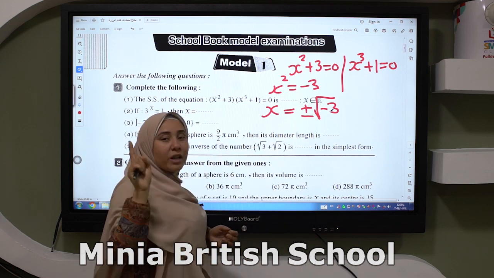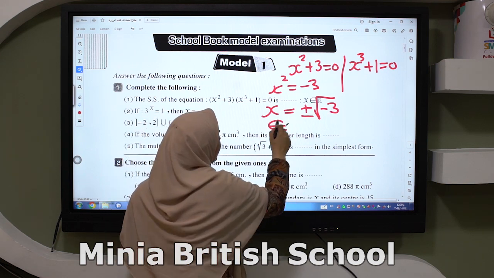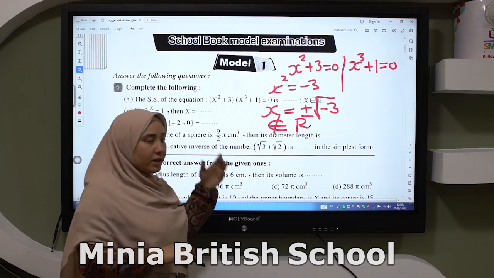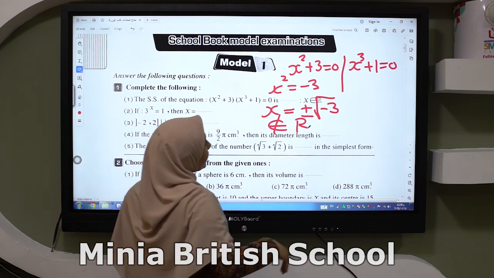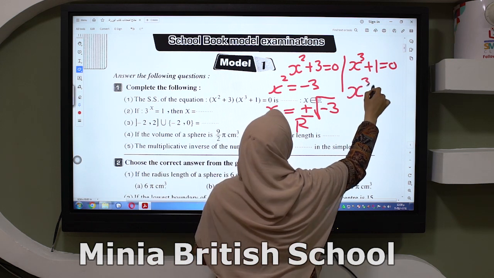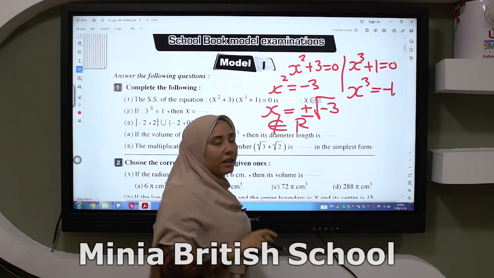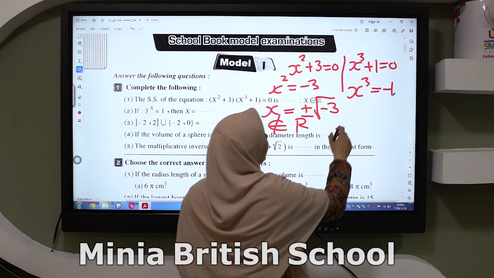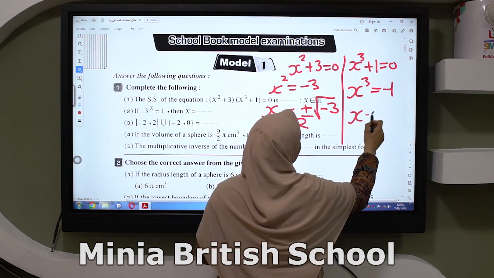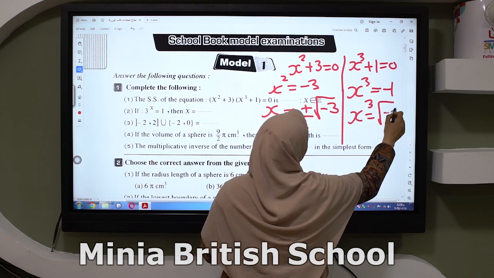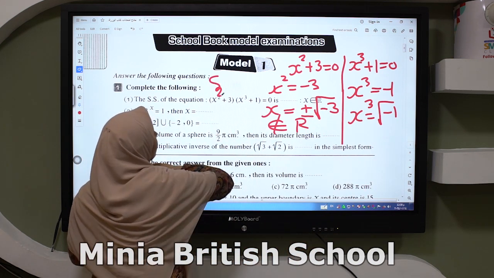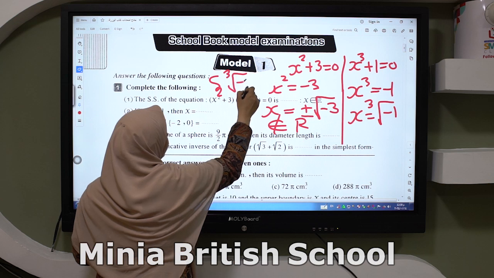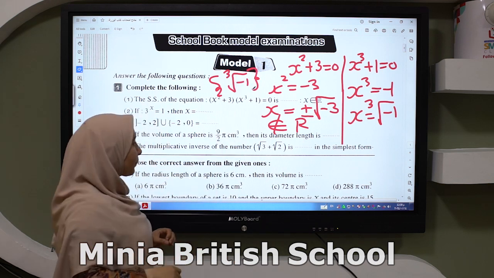But this number does not belong to the real numbers, then the solution set for this equation is empty. But the second one, x^3 equal negative 1. By taking the cube root for both sides, we get x equal the cube root of negative 1. Then the solution set becomes the cube root of negative 1.